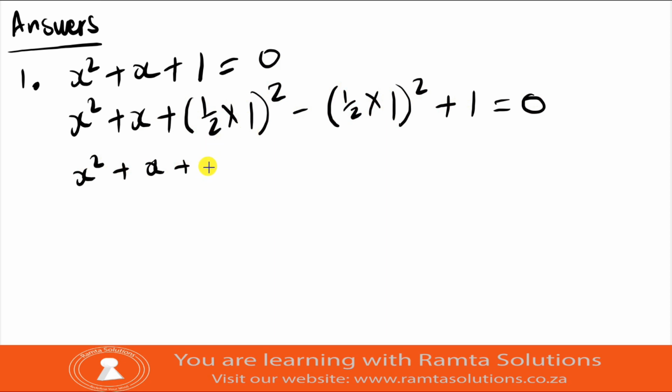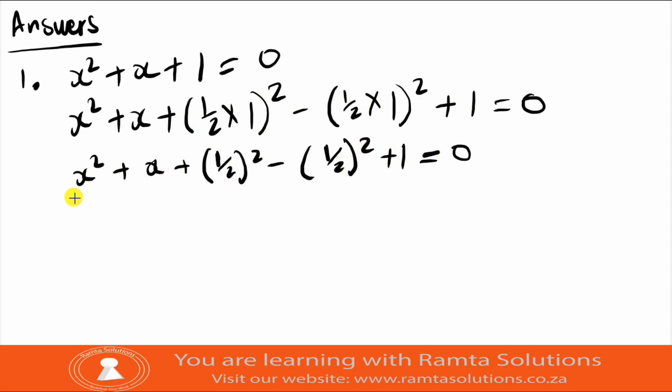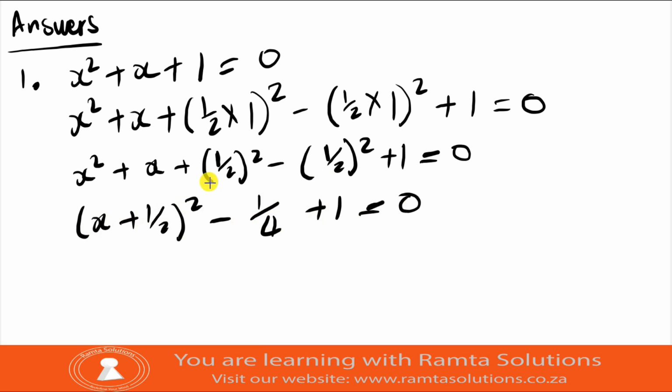This is a perfect square trinomial, so I will say it is x plus half all square, minus 1 over 4, plus 1 equals 0. Remember, in a perfect square trinomial, this part here leads to this one here.